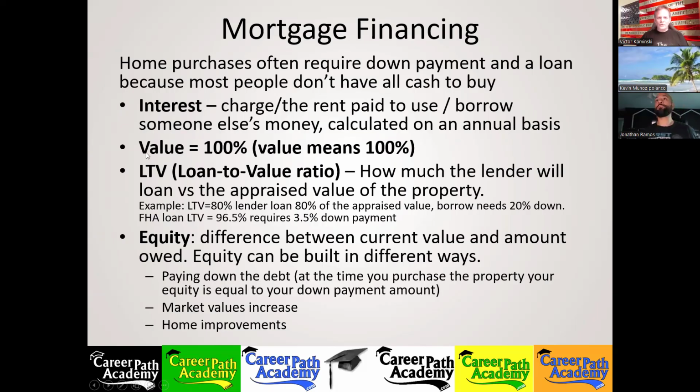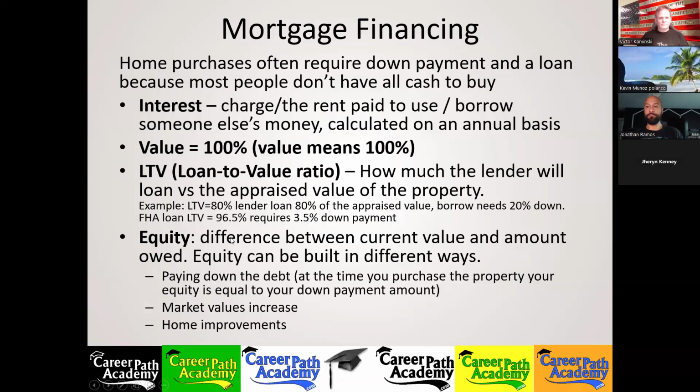Now, value equals 100%. Anytime we talk about the word value, we're trying to figure out all of it. So therefore, value means 100%. And the LTV stands for loan to value ratio. It's how much the lender will loan you in relation to the appraised value of the property.